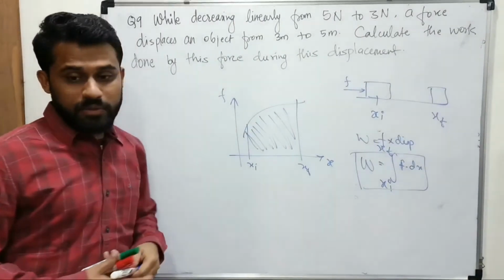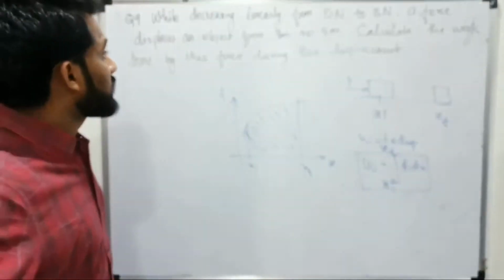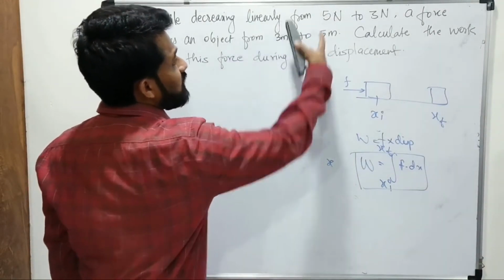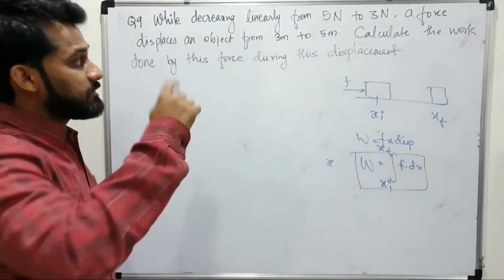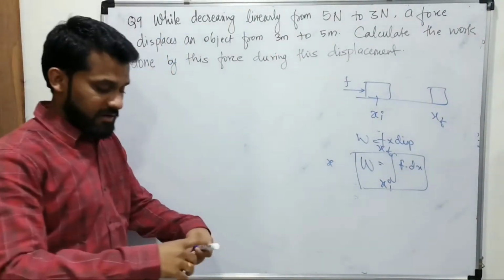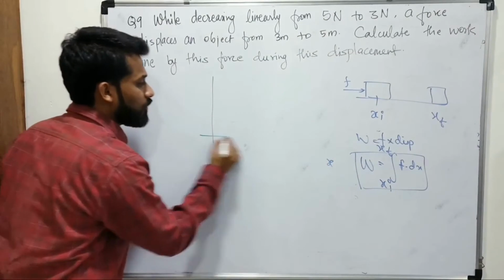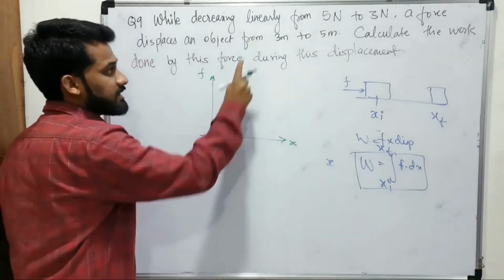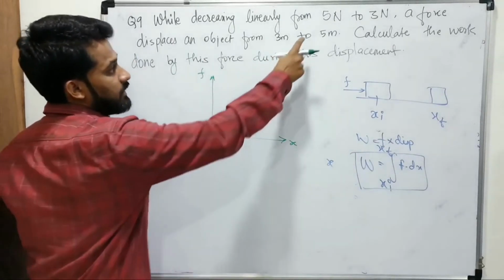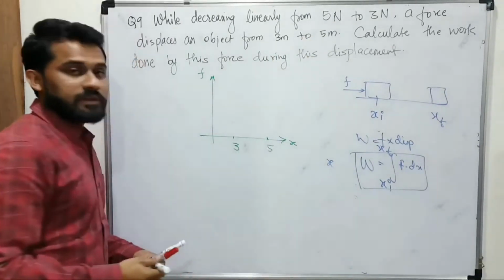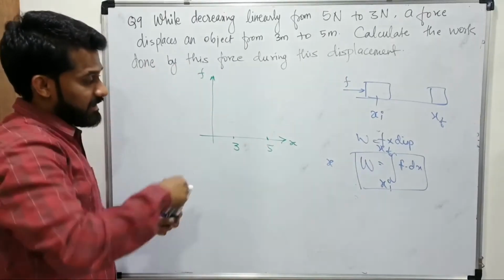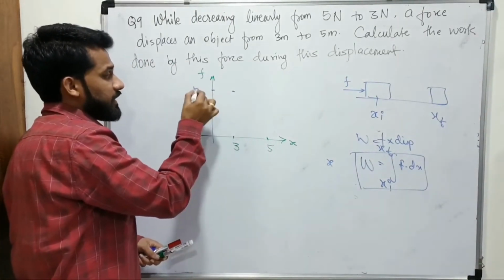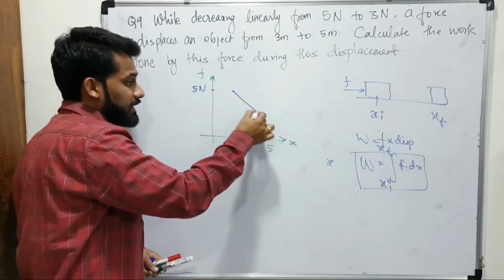So in this particular question, question number 9, it is given that the force linearly decreases from 5 Newton to 3 Newton when displacing the object from 3 meter to 5 meter. So let us plot the graph. This is force versus displacement. When x is 3 meter to x is 5 meter, the force decreases linearly. मतलब जब 3 meter पे object था उसका force, the force acting on it was 5 Newton, and then it decreases linearly.